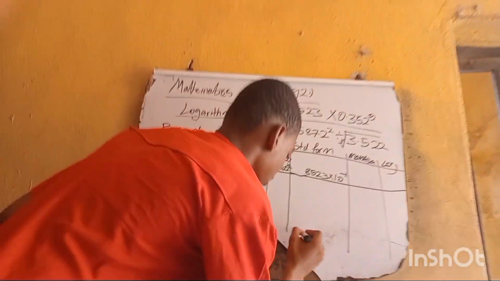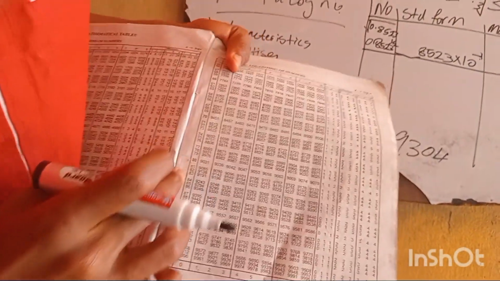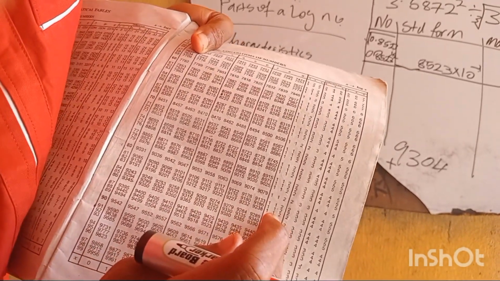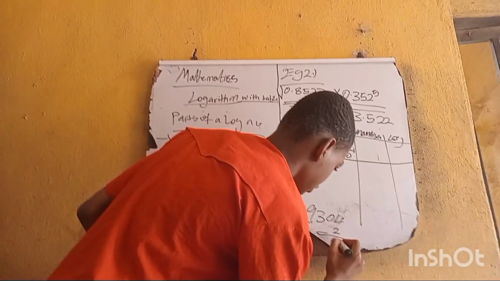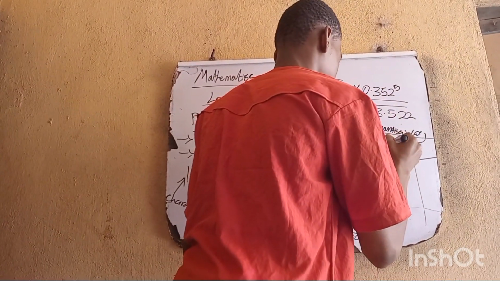Plus difference 3, we have 2 plus 2 becomes 6. So the answer for the mantissa of this number is 9306.